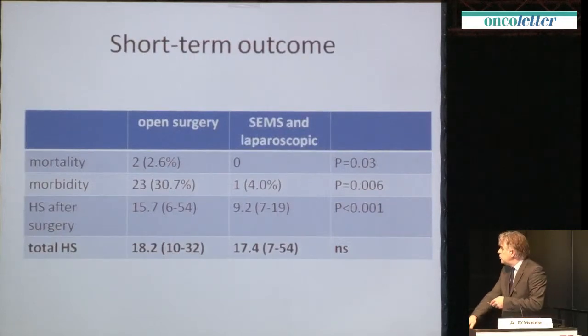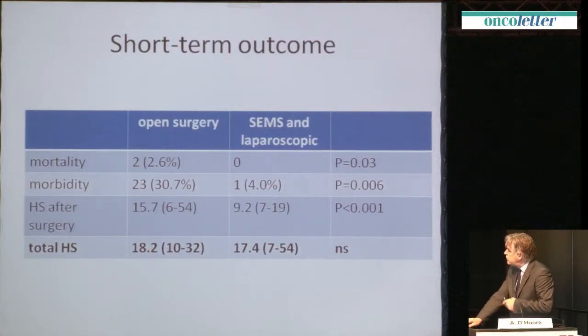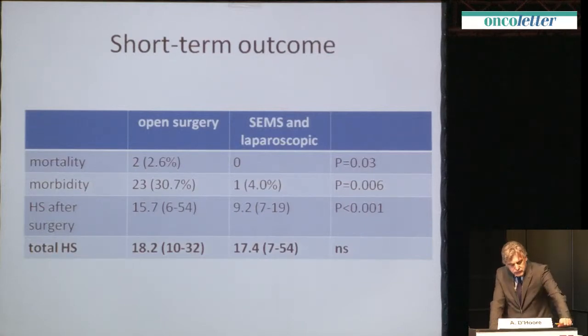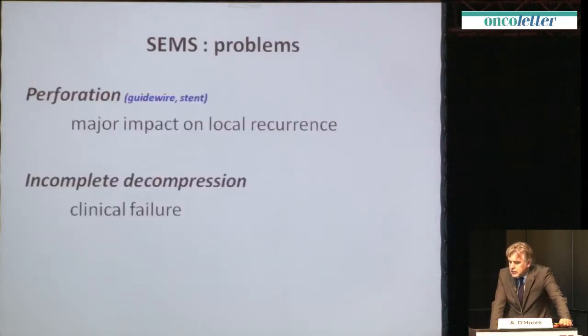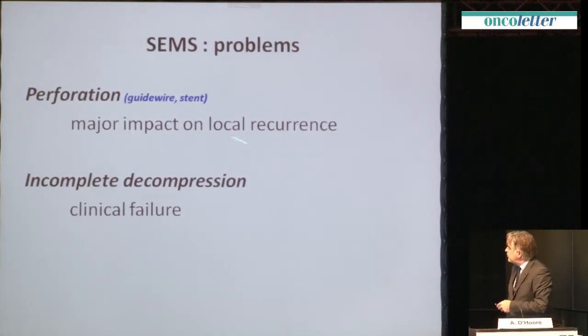Again, when you look at those figures, the total hospital stay was not significantly different, but they had significantly more morbidity in the open surgery group. So there seems to be something in it, especially when you look at retrospective data and case series. But when you look at the prospective, multicenter data on stenting, then you see that there are quite some problems.